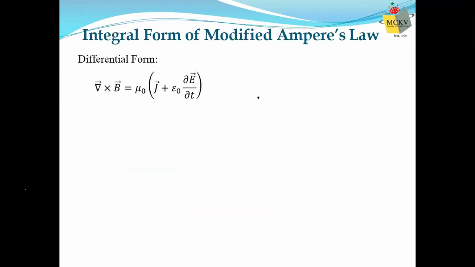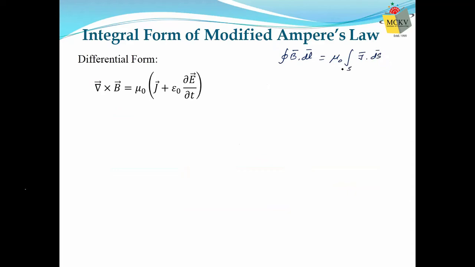So this is the differential form of the modified Ampere's law. Now, if I want to write it in integral form: what was Ampere's law in integral form? If you remember, it was ∮B·dl equals mu naught times the total current, or we can write it as ∫J·ds.